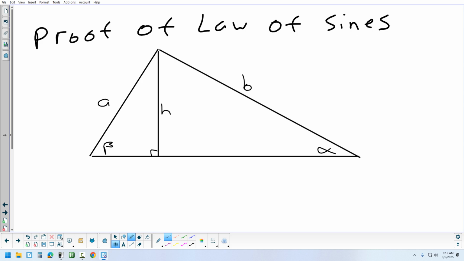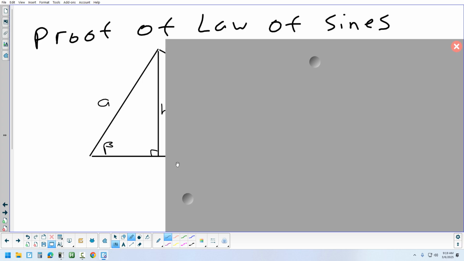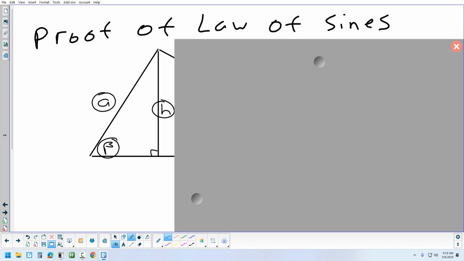Okay, what I want to do is look at each triangle separately. I'm going to start by focusing on the triangle that's on the left. I would like to write a trig function that's going to involve those 3 sides. What position is side H relative to beta?